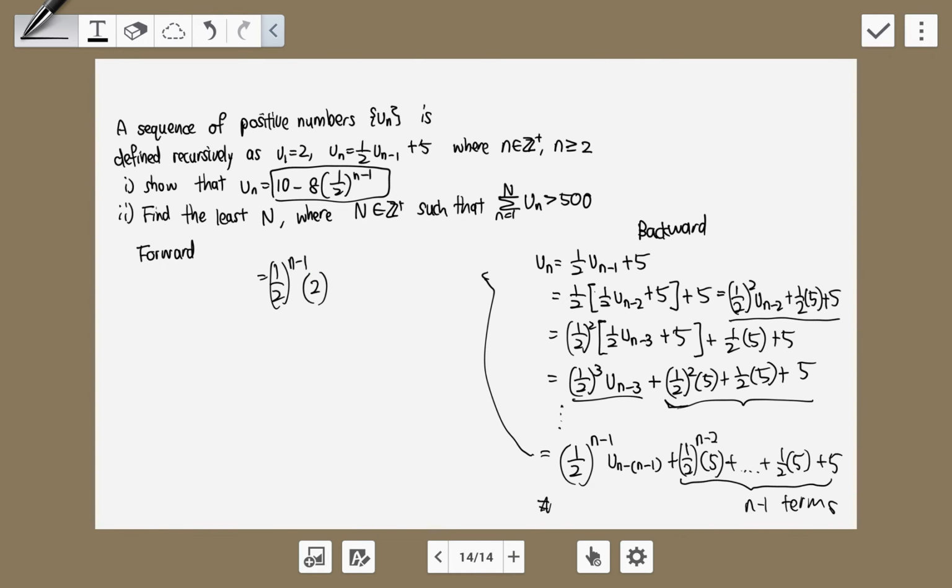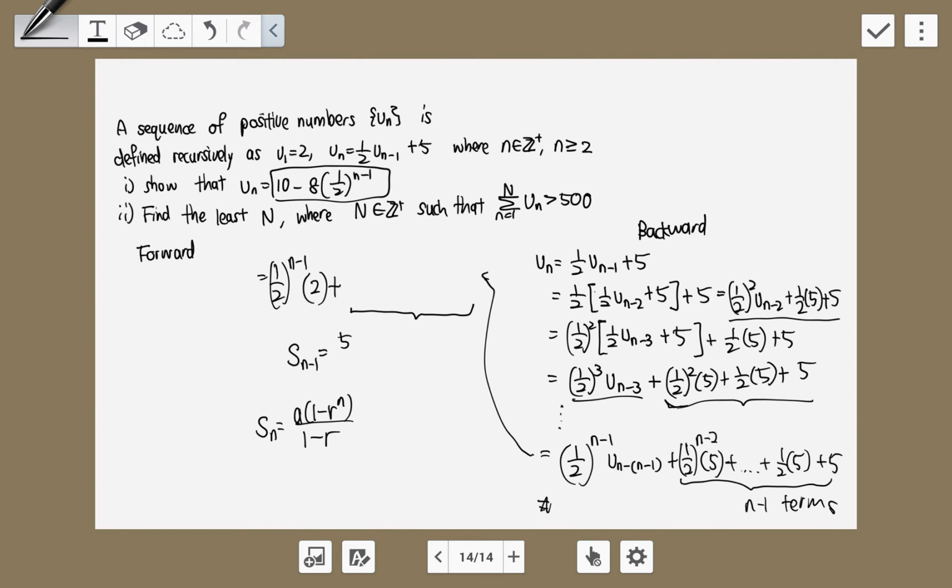And plus, this part I will use the sum to n minus 1 terms formula, because there are n minus 1 terms over here, and the first term is 5. Again, the formula for Sn is a times 1 minus r to the n over 1 minus r.